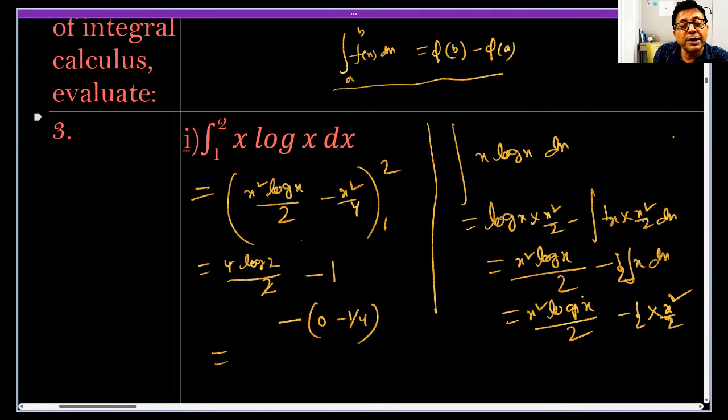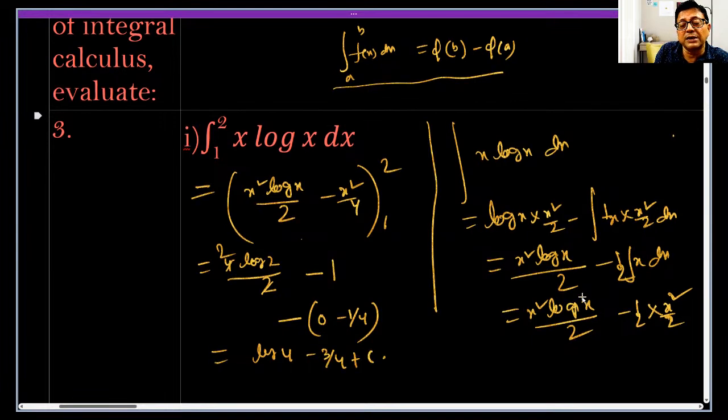So this is going to be log 4 minus 1 plus 1 by 4, minus 3 by 4, something like this.